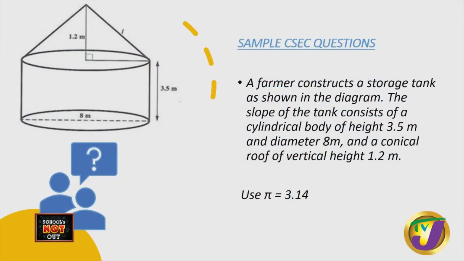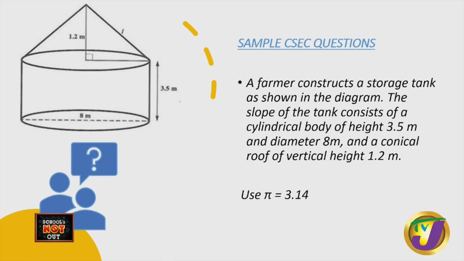So, this question says, a farmer constructs a storage tank as shown in the diagram. The tank consists of a cylindrical body of height 3.5 meters and a diameter of 8 meters, and a conical roof of vertical height 1.2 meters.